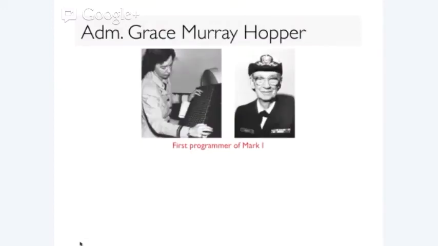Now, one of the pioneers of user interface design for programmers was Admiral Grace Murray Hopper. She was one of the first programmers of the Harvard Mark I. And she developed the first compiler for a programming language.